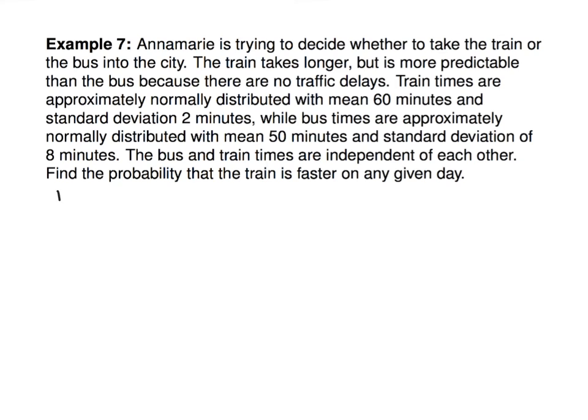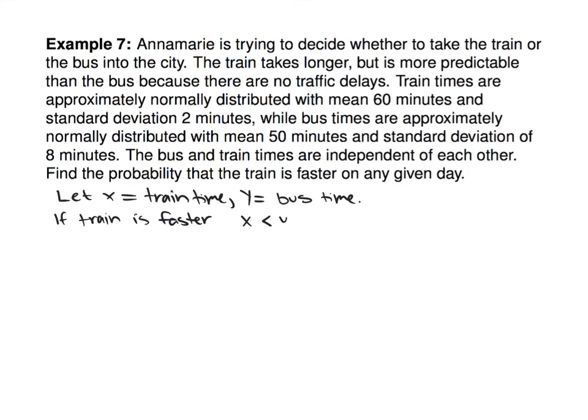So let's start by defining some variables. Let's let x equal the train time, and we'll let y equal the bus time. If the train is faster, that means that x is less than y, which is the same thing as saying x minus y is less than 0.